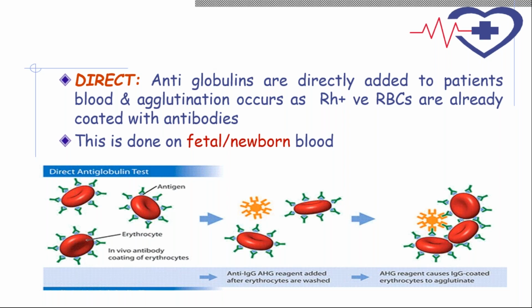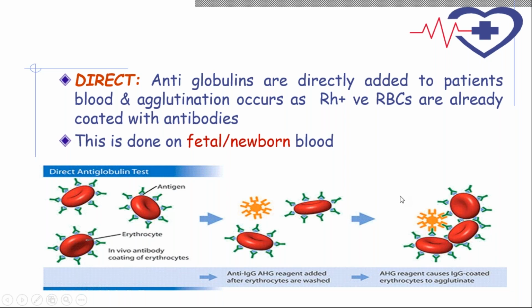Now, with the RBCs which you can see in this figure, with the Rh positive antigen in blue color and those green antibodies, these are already there in the baby's blood. So we take the RBCs of the neonate or the fetus, and we only add this anti-IgG globulin, which has multiple receptors on its surface, and multiple RBCs will stick together and agglutinate, which is visible as an agglutinated sample.